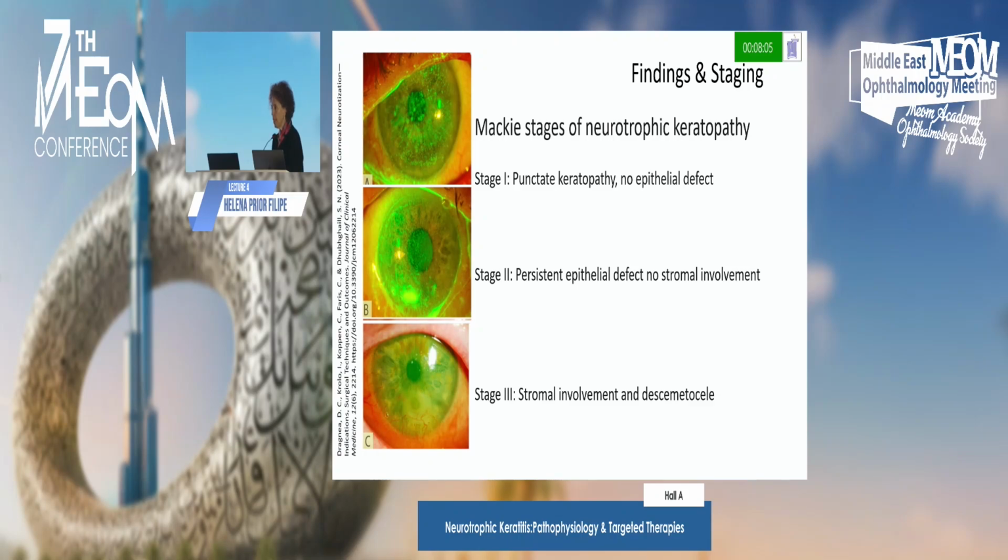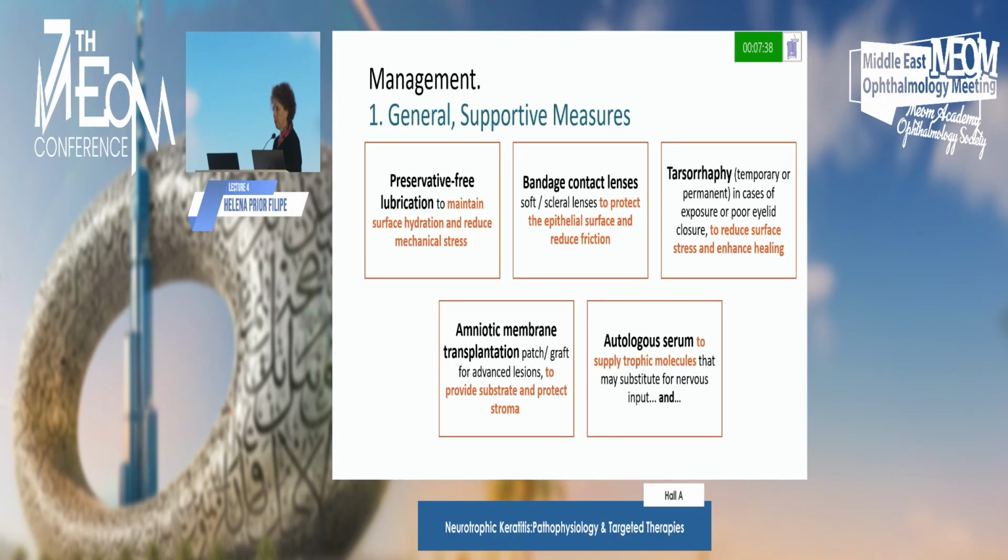This is the staging classification by Mackie. It starts with stage 1 with punctate keratopathy, no epithelial defect, then growing into persistent epithelial defect with no stromal involvement, and in the third and last stage, the stroma will be involved, and descemetocele can also develop.